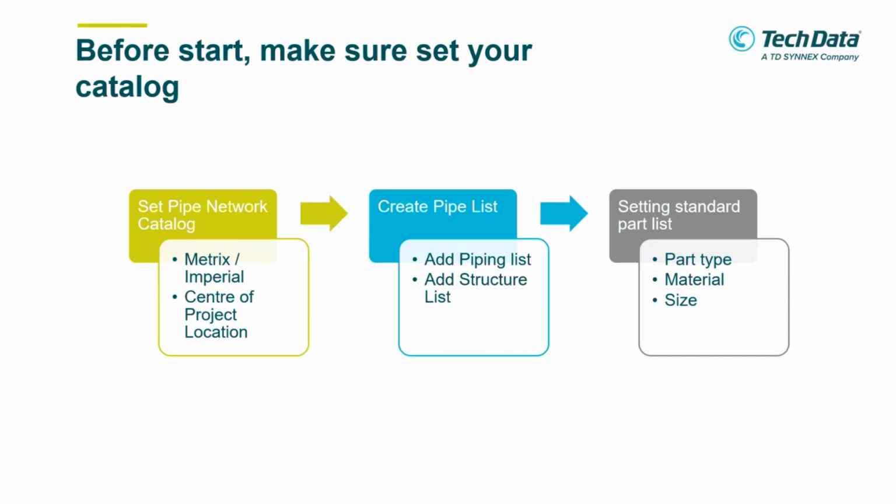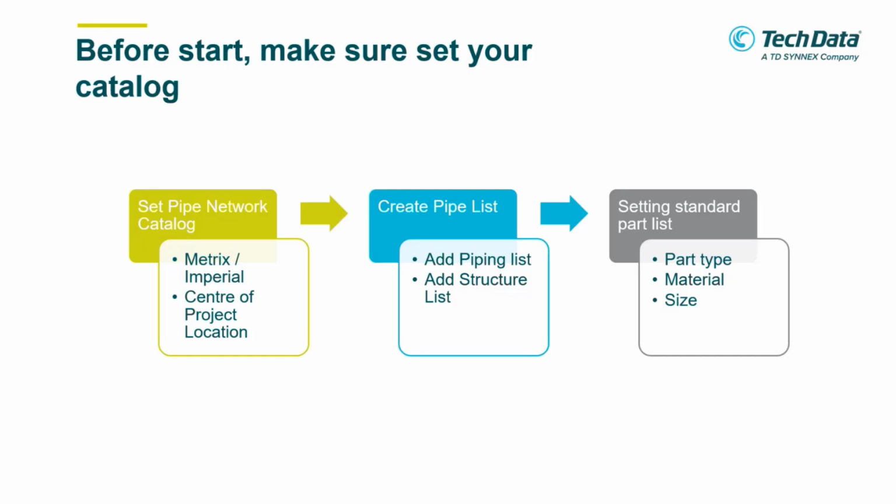Before we start, just make sure that you have already started your catalog. These are the three things you need to make sure of: that your pipe network catalog is in metric or imperial, and then when you install this, you need to copy the pipe network catalog into your server network, so that everyone is sharing the same pipe network catalogs.